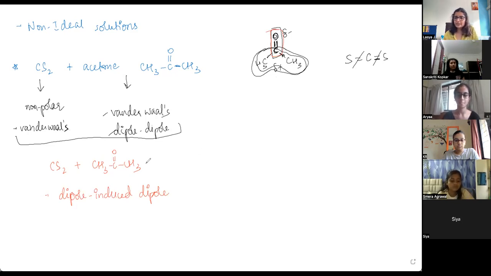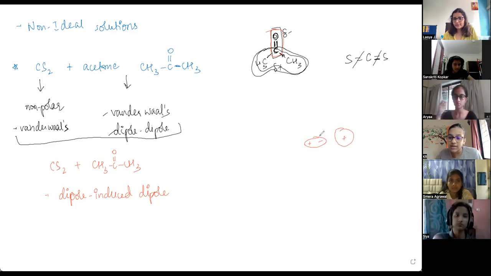You guys remember dipole-dipole and dipole-induced dipole interactions? No? Okay. Dipole-dipole, though, you know what it is, right? Dipole-induced dipole occurs when there is a polar molecule and that will induce a dipole in a non-polar molecule that it is bonding with.